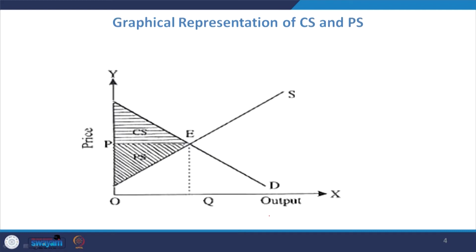Now, this can easily be known. You can see in this graph, or let me check how much. Yes, 100 is the maximum price and the equilibrium level of price.